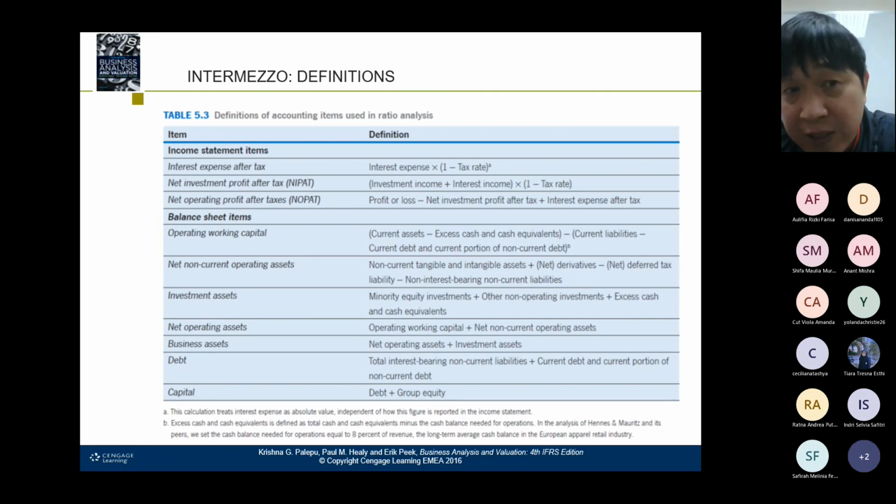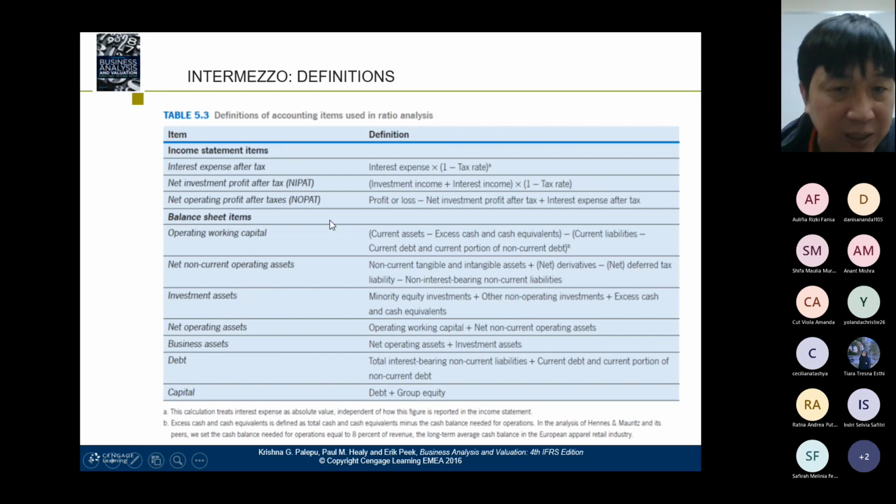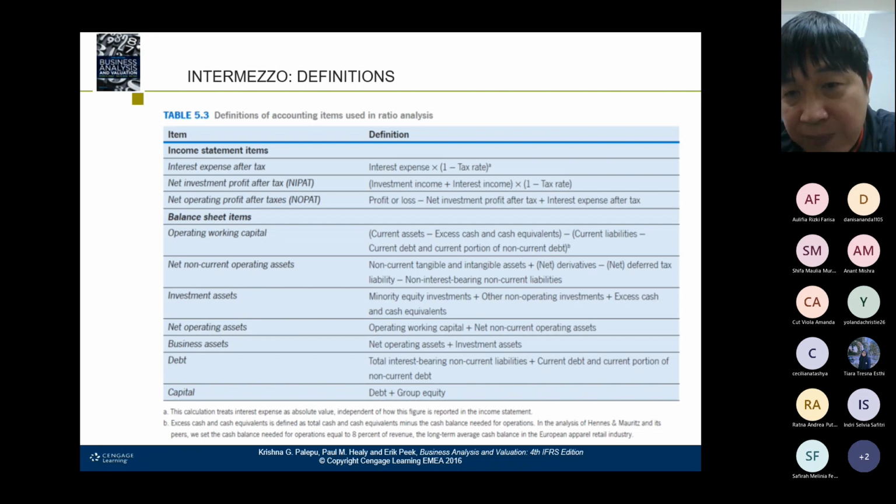So we can see from Table 5.3 the various definitions of accounting items used in ratio analysis. Here it introduces the definition of interest expenses after tax: interest expenses times 1 minus the tax rate. NIPAT is the investment income plus interest income times 1 minus the tax rate. The net investment profit after tax plus the interest expenses after tax.